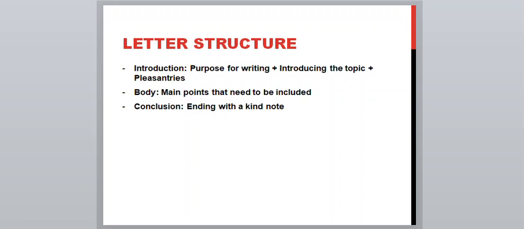And then you move on to the conclusion, in which you summarize the gist of the letter and you end with a kind note, like for example, looking forward to hearing from you. That's said in a more formal setting. In an informal setting, you can say something like, I can't wait to hear back from you, and things along the lines of that. So this is the general letter structure that is followed in both the formal and the informal letter.